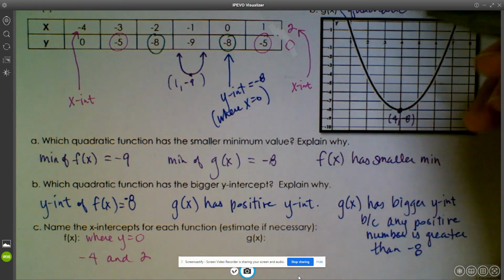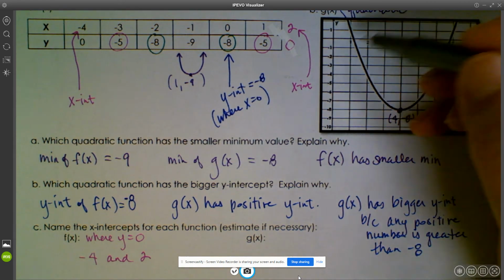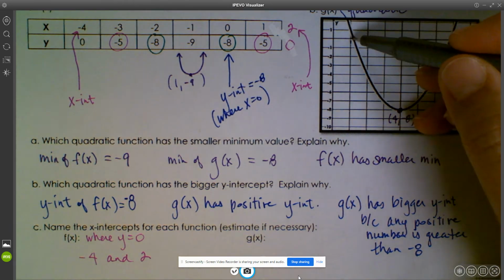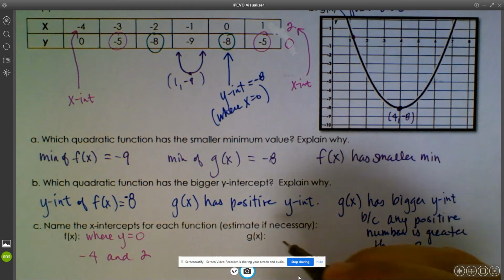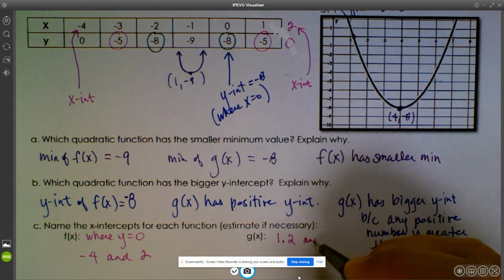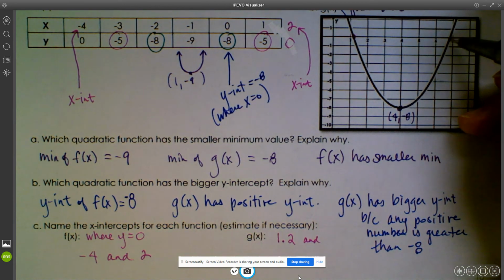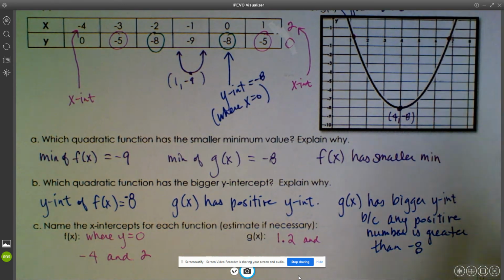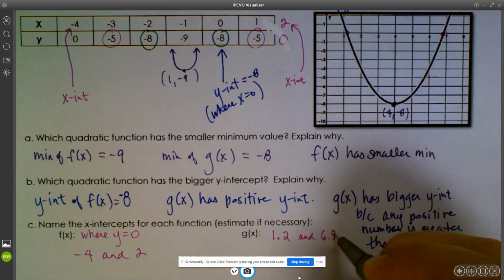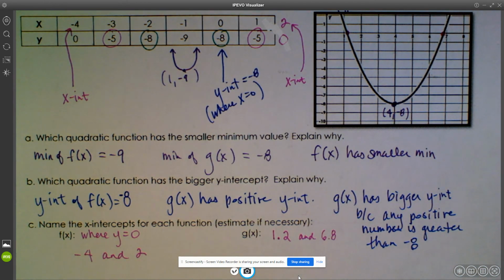And now for my graph here for g of x. Well, here is an x-intercept. It's just greater than 1. So I think I'm going to call that 1.1 or 1.2. And then the other one is here, just before 7. So I'm going to call that 6.8. All right? So that's how we compare two different functions.